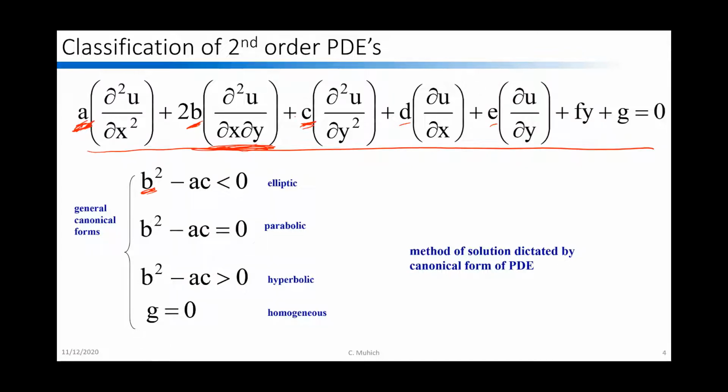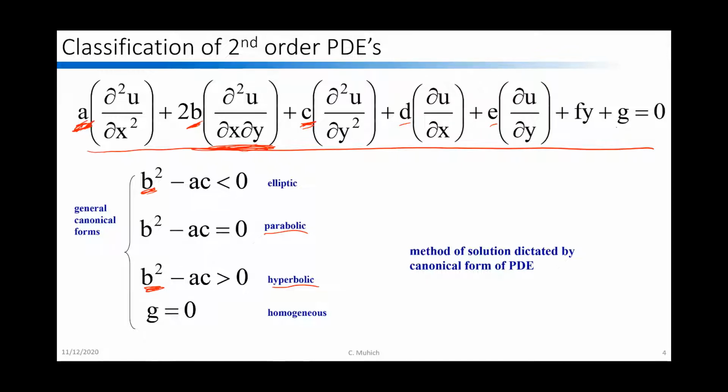If they exactly match, this is called a parabolic PDE. If that cross term is bigger, this is called a hyperbolic second order PDE.